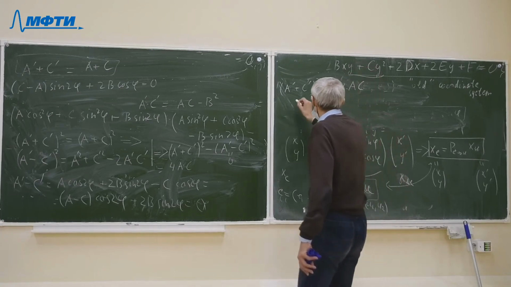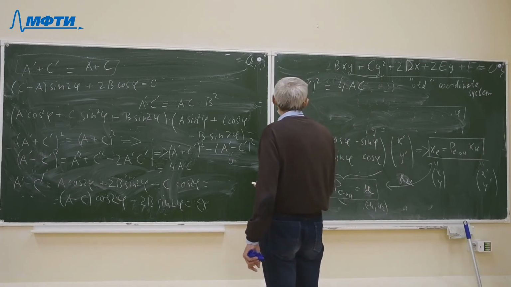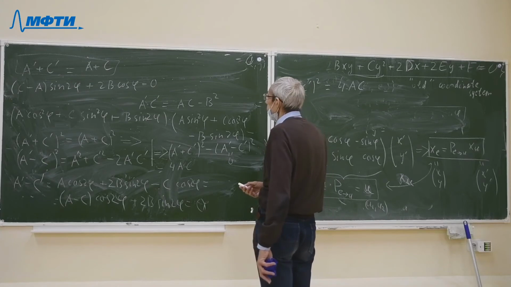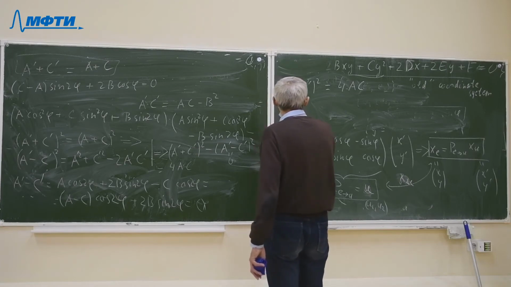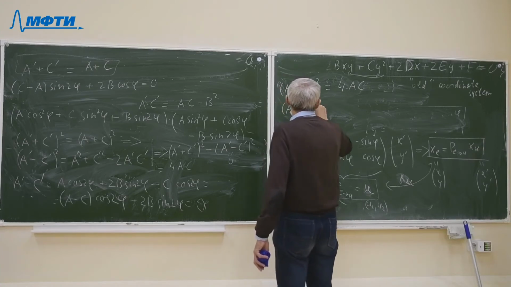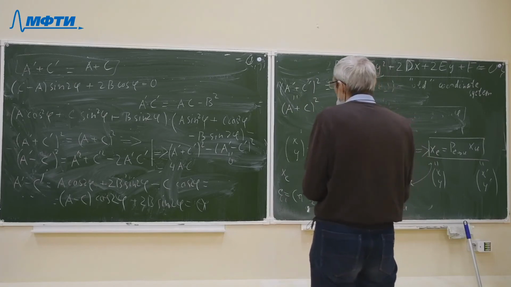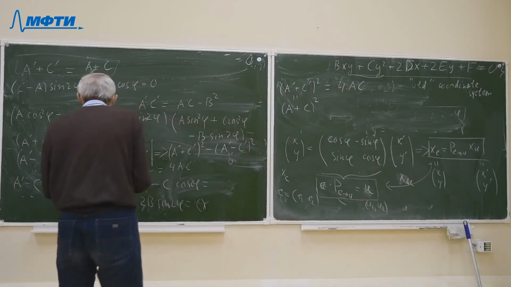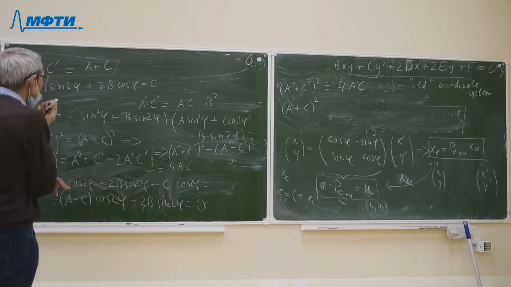And this difference is equal AC minus B square.